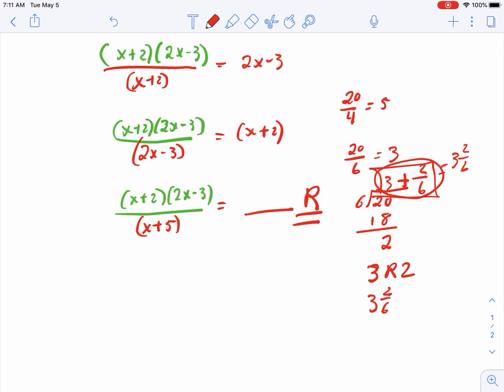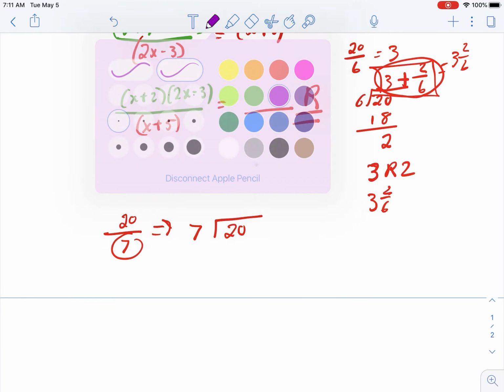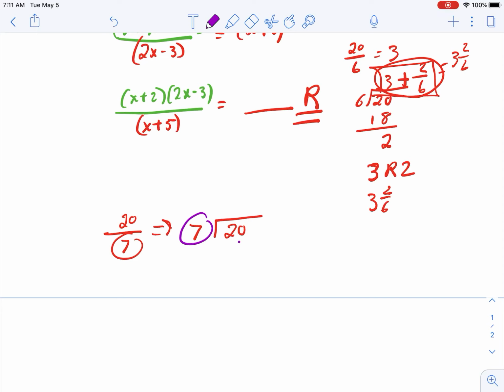Let's do one more here. Let's say 20 divided by 7. Put the 7 on the bottom into 20. We're trying to multiply 7 by something that comes close to 20. 7 times 3 is 21, which is too much. 7 times 2 is 14, which is less than 20.